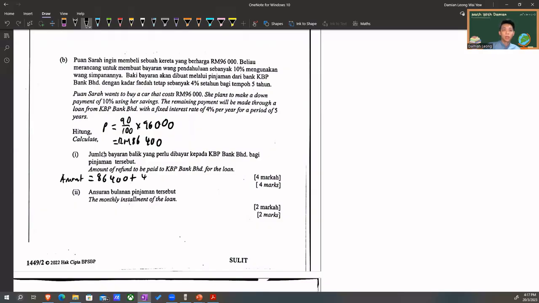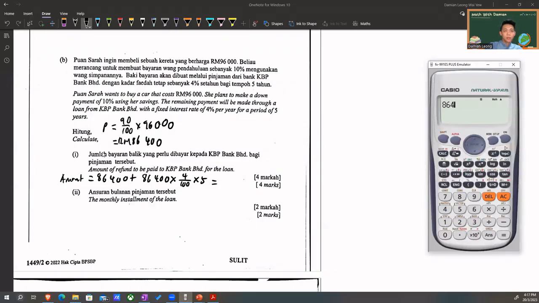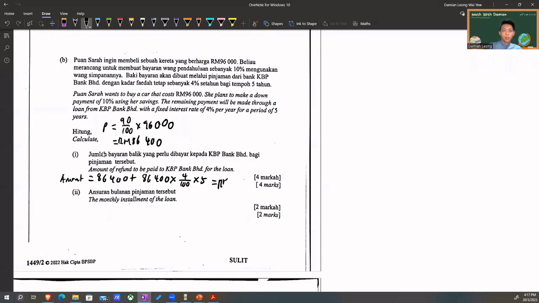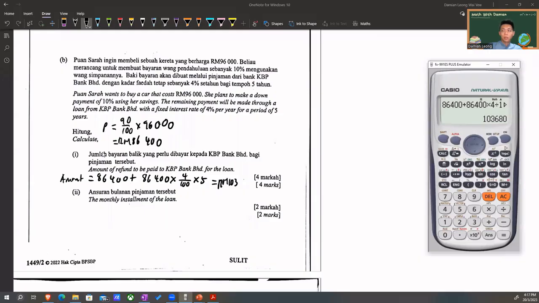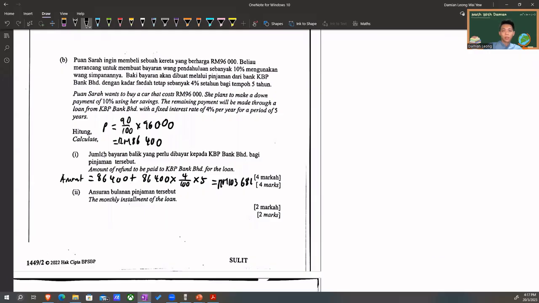Principal times interest rate times time. Interest rate 4% is 4 over 100, times time, 5 years. So it is 86,400 plus 86,400 times 4% times 5. So it is 103,680.